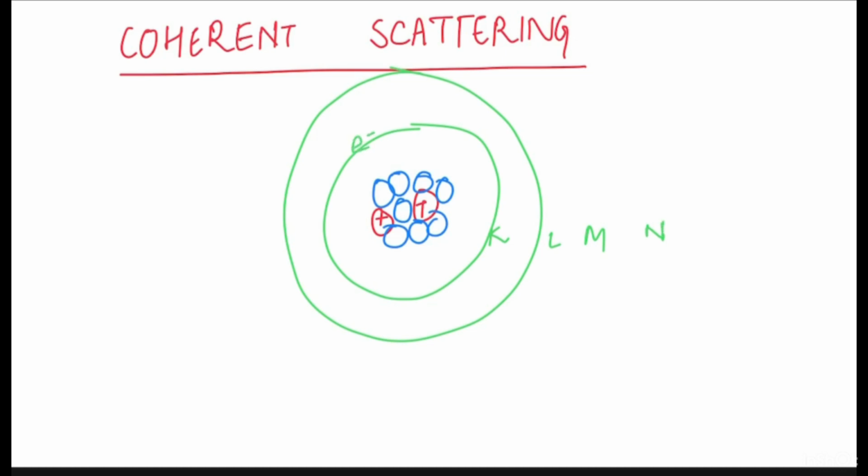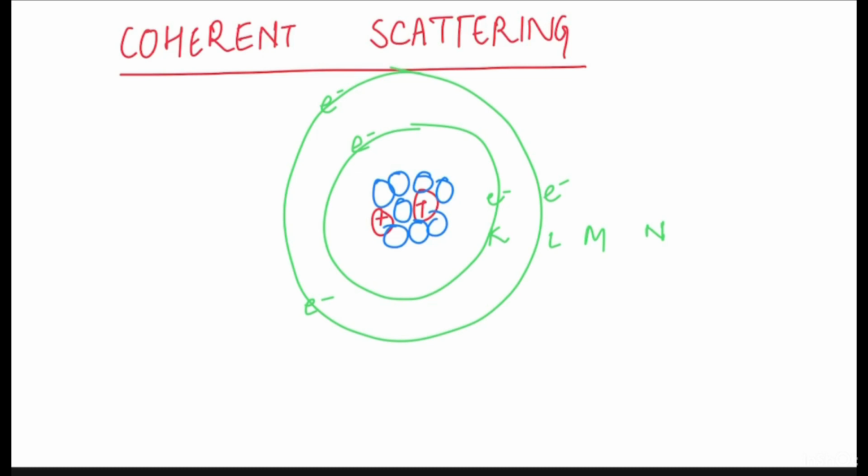Electrons are revolving. Before starting with the coherent scattering, I will tell you very important things, that is the potential energy and the binding energy.